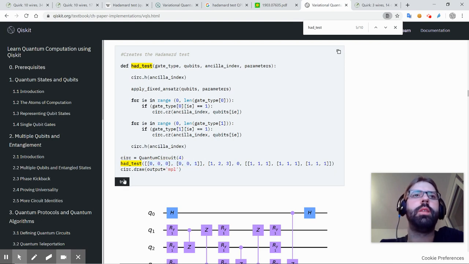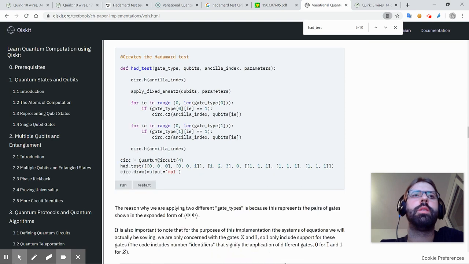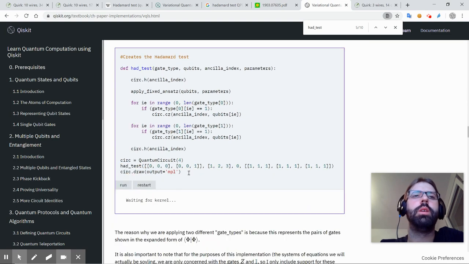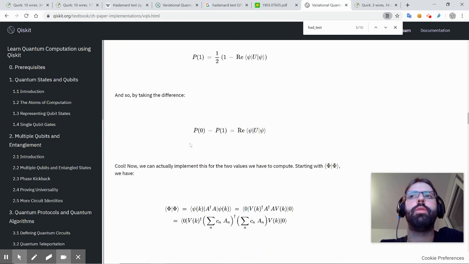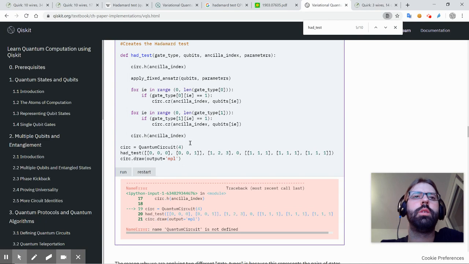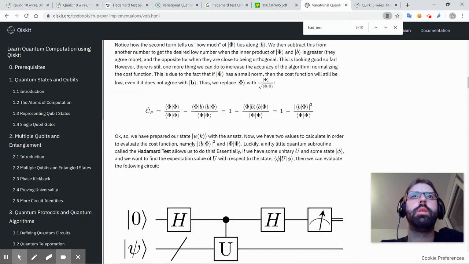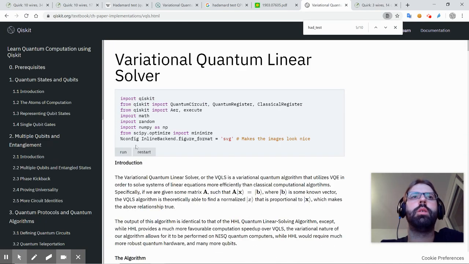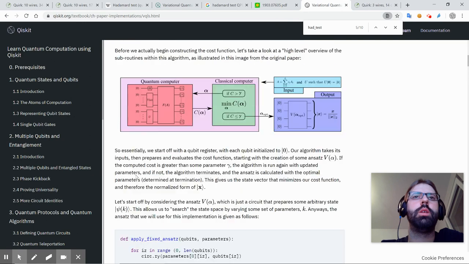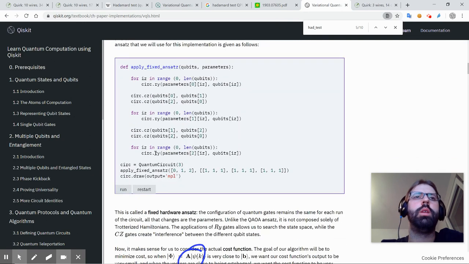If I try these, run. Waiting for kernel. Should I have run everything else? Probably. Come on, run.